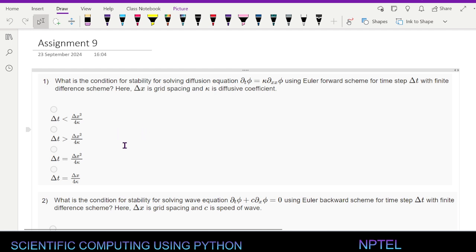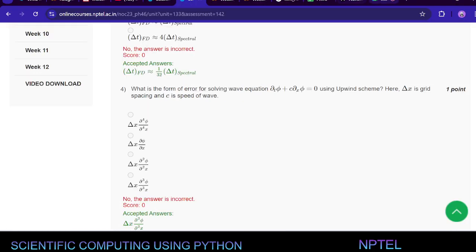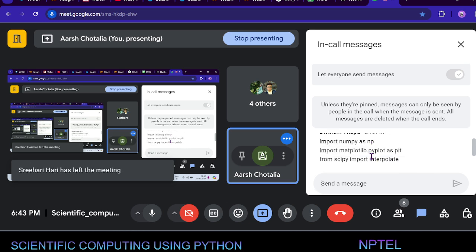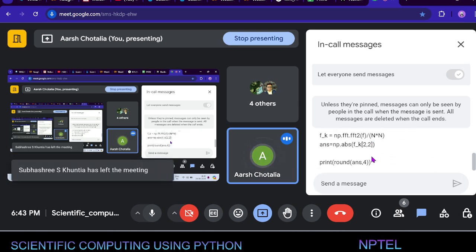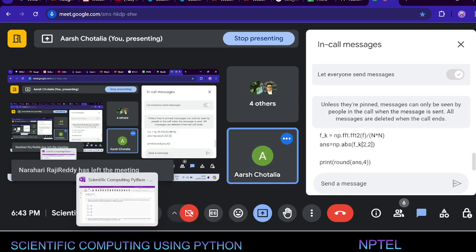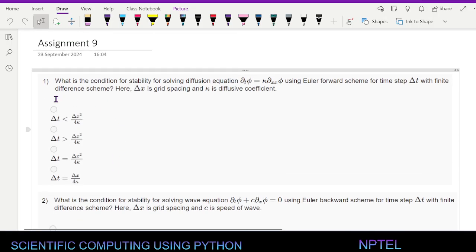Answers in the chat box. Someone wrote a code. Yeah, that gives the answer. Okay, answers in the chat box for this one. First one, what's the stability criterion? It's there in the notes.